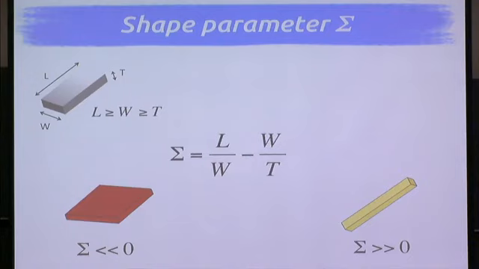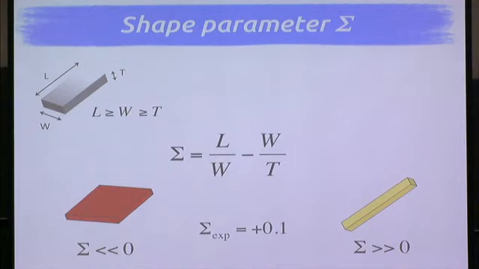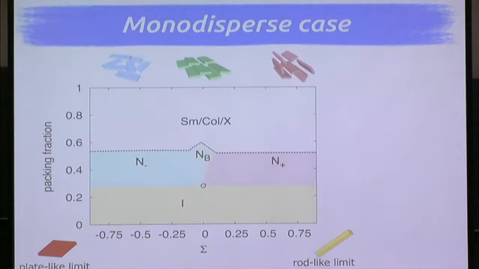And just to compare with the experiment, the experimental average values of the aspect ratios of the particles are characterized by a value close to 0, but slightly bigger than 0. What consequences does this have? We see it immediately by considering the monodispersed case. So we don't introduce polydispersity yet.